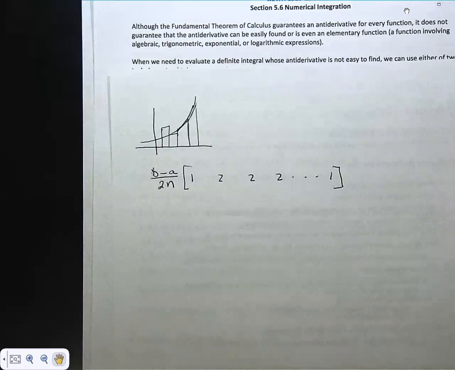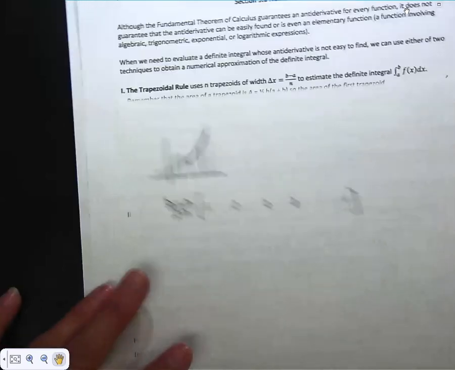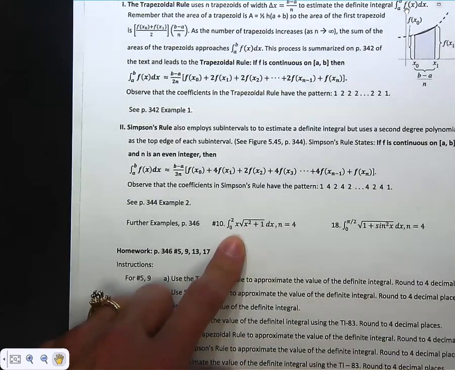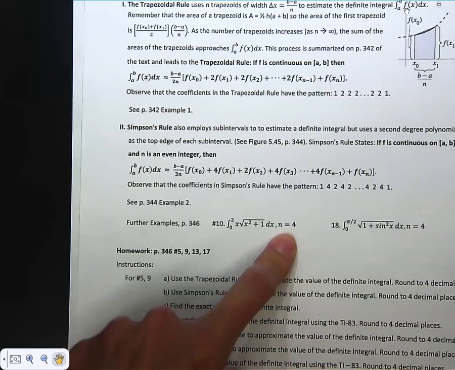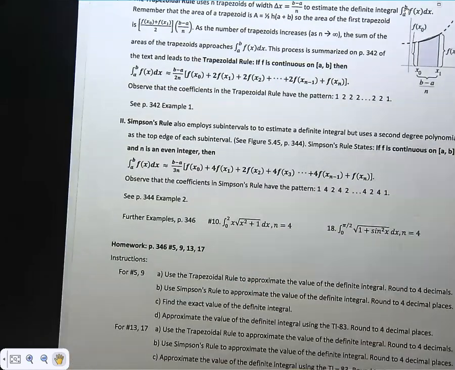All right, so let's see if we can use that recipe on this number 10. Let's try to find the area under that curve from 0 to 2 using 4 rectangles. In the homework, it says use 4 rectangles. The more trapezoids we use, the better approximation we would get.